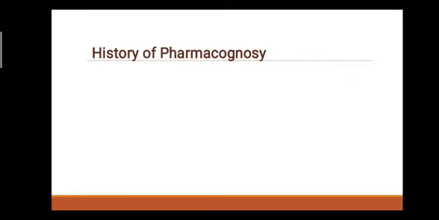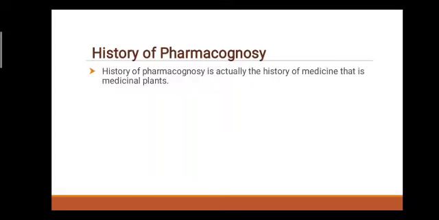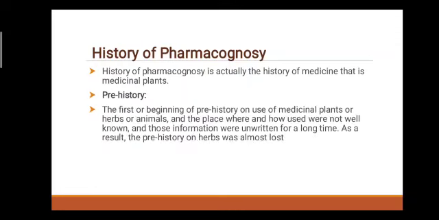Next point, history of pharmacognosy. The history of pharmacognosy is actually the history of medicine, that is, medicinal plants. Prehistory: the beginning of the use of medicinal plants, herbs, or animals, and the place where and how they were used were not well known, and this information was unwritten for a long time.